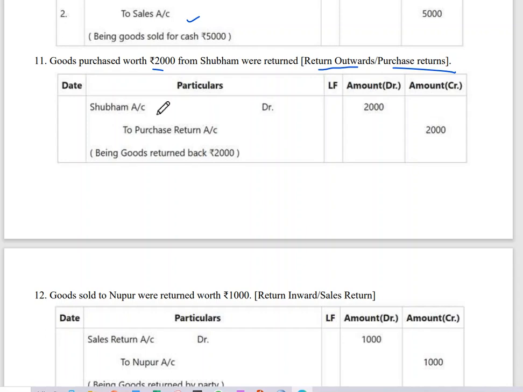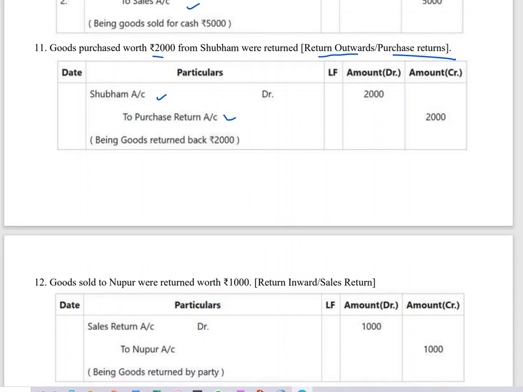But here it is returned back, so the entry is reversed. So Shubham account debit to purchase account is the entry here, being goods returned back worth rupees 2000. So here we are reducing the goods of 2000 in the purchase account and debiting the Shubham account, considering that he has to pay us money back. He has not yet paid.